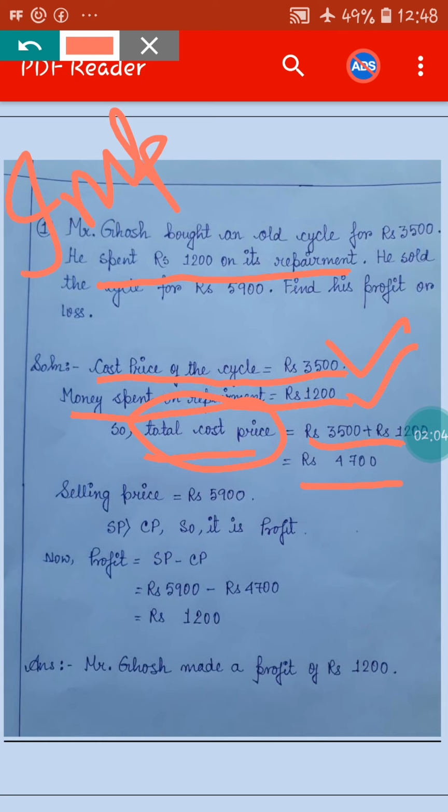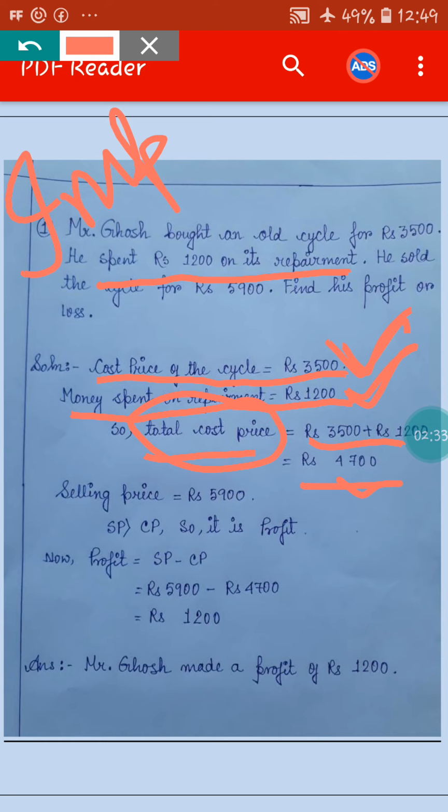Because Mr. Ghosh bought the old cycle, that is already his cost price, but he has done some repairment also. So that amount will also be included in the cost price. The total cost price will be the sum of the previous cost price and the money spent on repairment. So we have added that and we got the total cost price.